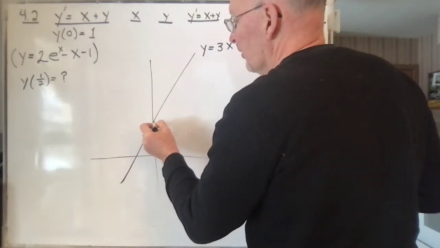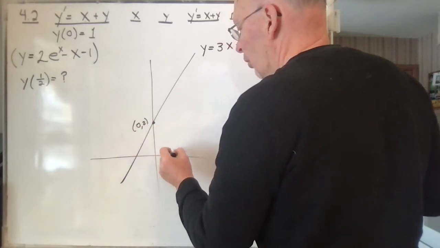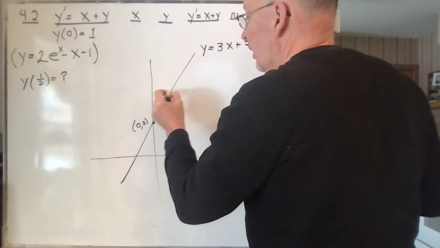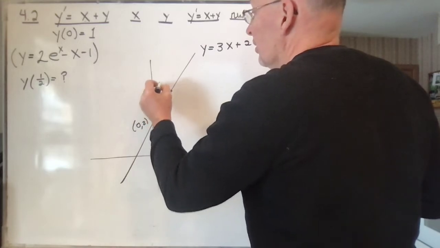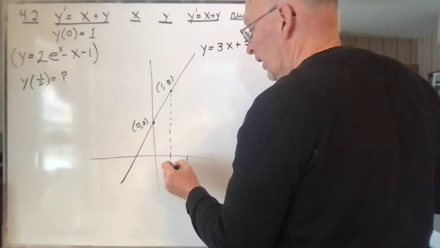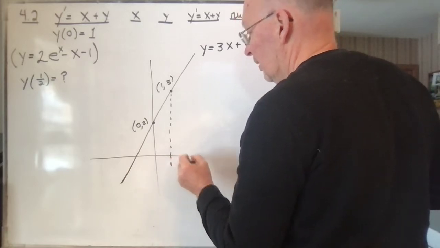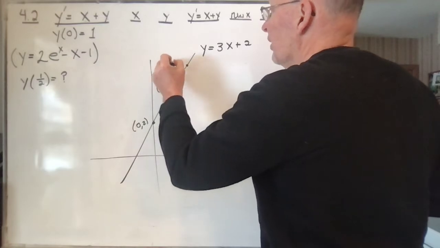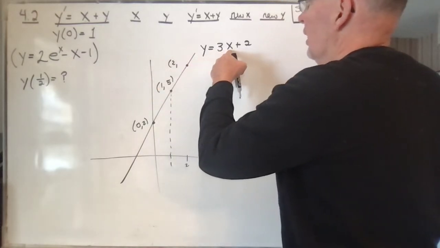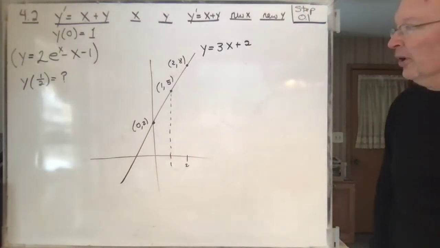So this is the point (0, 2) right there. And if you go 1 away, then you're going to be at the point (1, 5). If you go 2 away from the origin, then you're going to be at the point (2, 8), and so on. So there's a line that goes through those points.